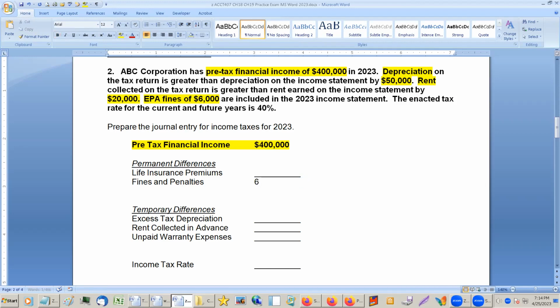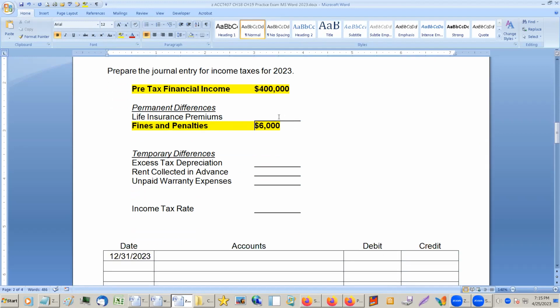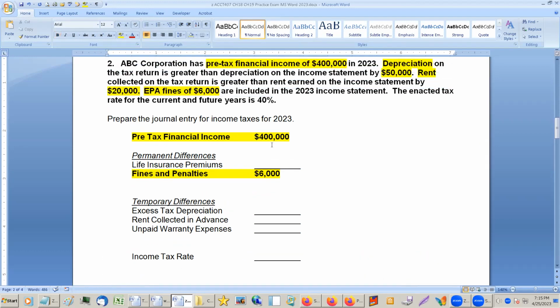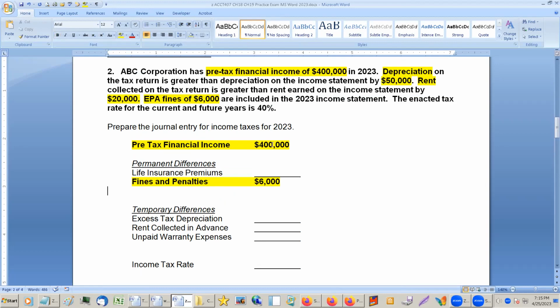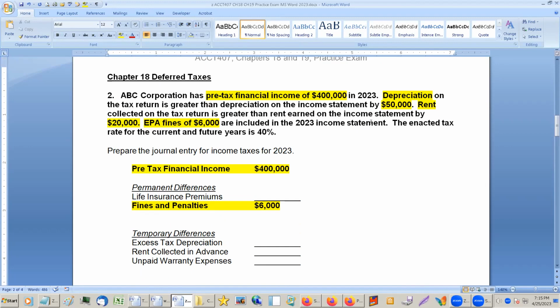Now we had to expense that, or put it as a loss on our income statement. But the IRS takes a dim view of that. They say, look, we're not going to give you a write-off because you broke the law. So fines and penalties are never going to be allowed for tax purposes. You pay the fine, you're not going to get a tax break for paying a fine.